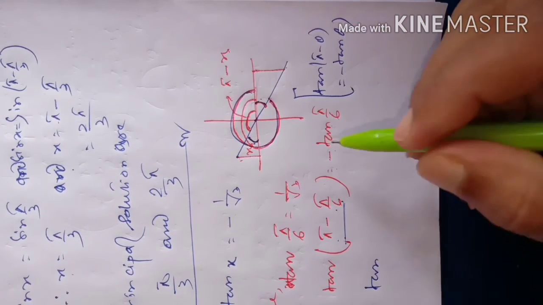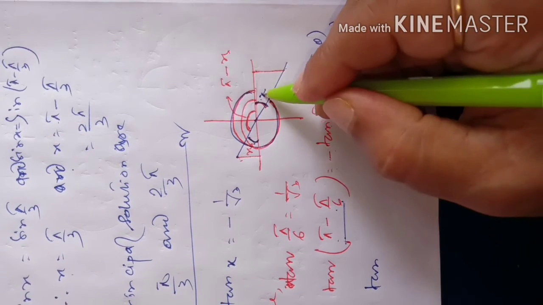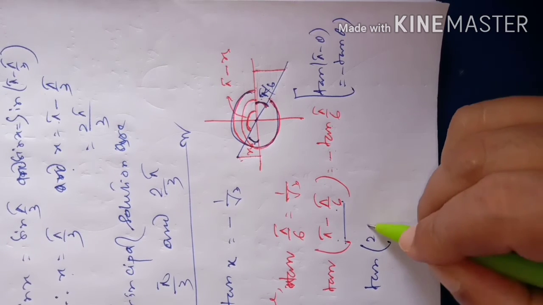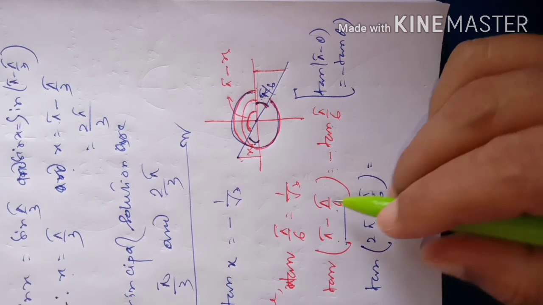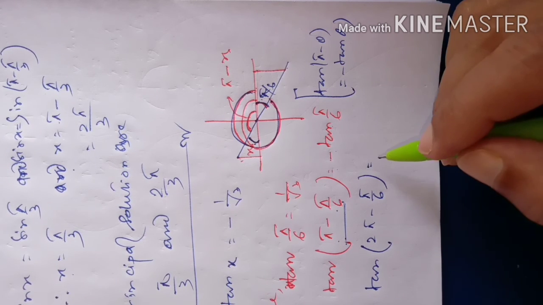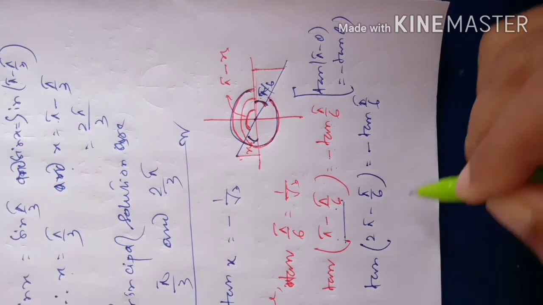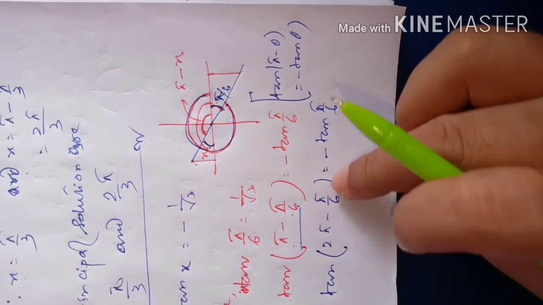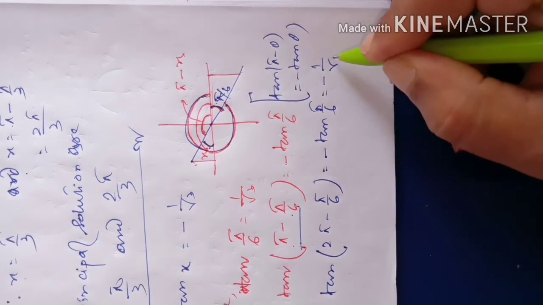And also tan for this angle. What is that angle? Twice pi minus this value. Suppose this value is x, and x is pi by 6. So for twice pi minus pi by 6 also, this will be minus 1 by root 3, that is minus tan pi by 6. So both will give us the same value, minus 1 by root 3 only.